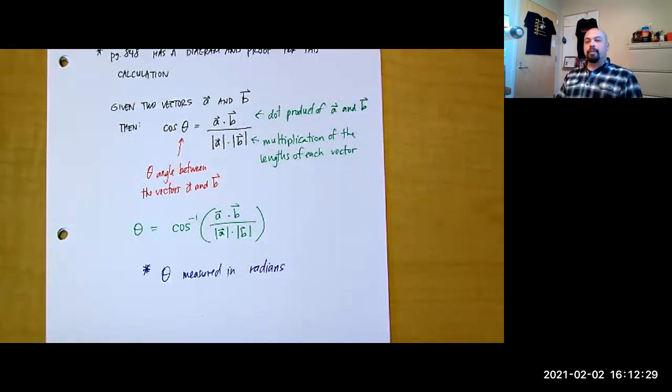All right. And so again, given two vectors, we can compute the angle between them.